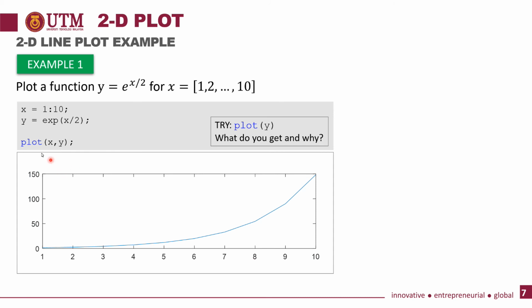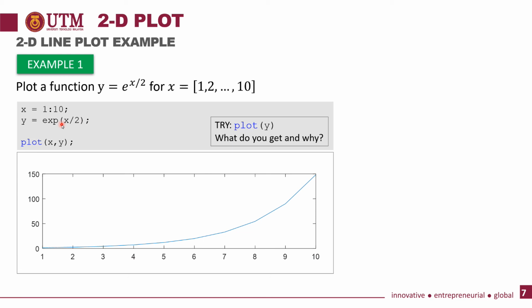For this function, you see here, it will create an exponential graph with a total of 10 x values, and it has a maximum x value of 10 and a maximum y value of 150, because it is initialized with the exponential function.